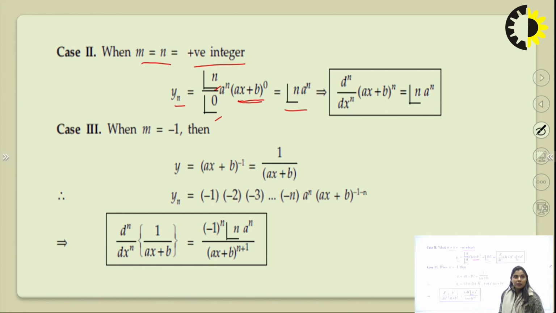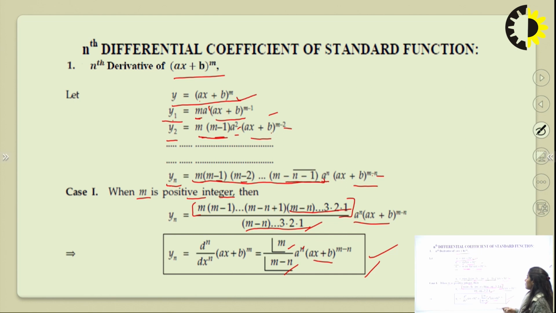Now the third case, if m is equal to minus 1. Our function will be y equals (ax plus b) power minus 1, which we can write as 1 upon ax plus b. Now we will put m equals minus 1 in this nth derivative of the function.